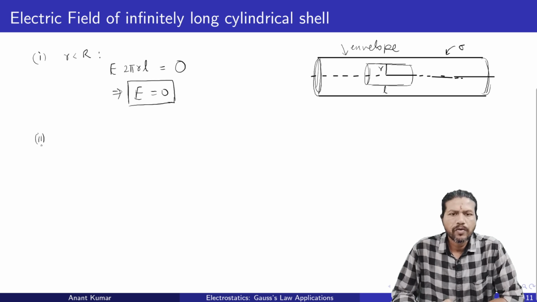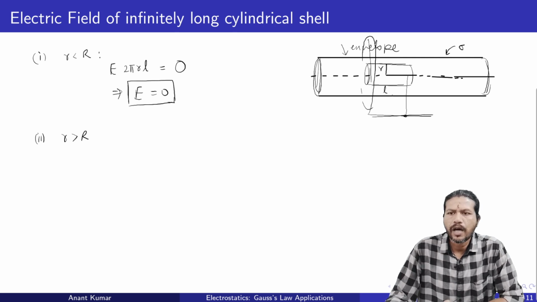As usual, if I go for an outside point, say over here, then I'm going to consider a Gaussian surface which is coaxial, and the radius is equal to this r that we are looking at over here.